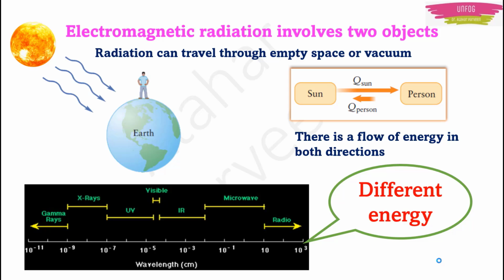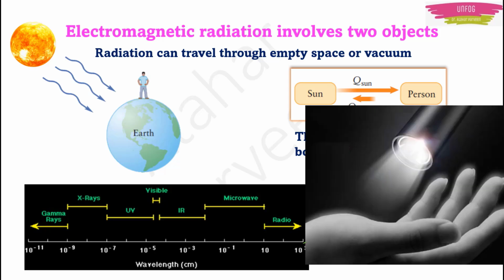Now when I say that all these radiations have different energies in different forms, I can give you a best example. If a wave has high energy, it can penetrate into our bodies. What are those rays? Those rays are X-rays, right? If you just put a torch on anybody's body, does the body become transparent?